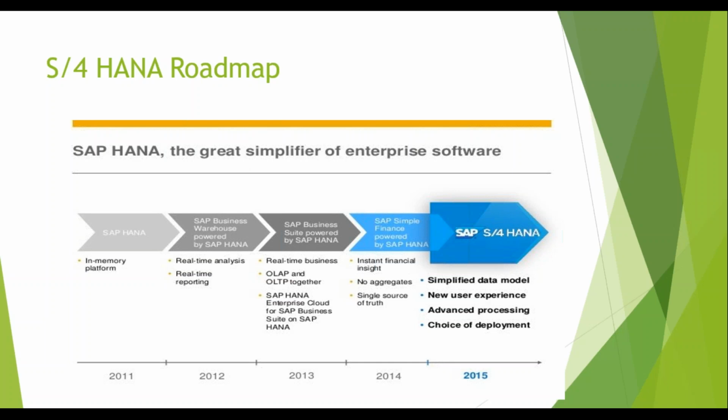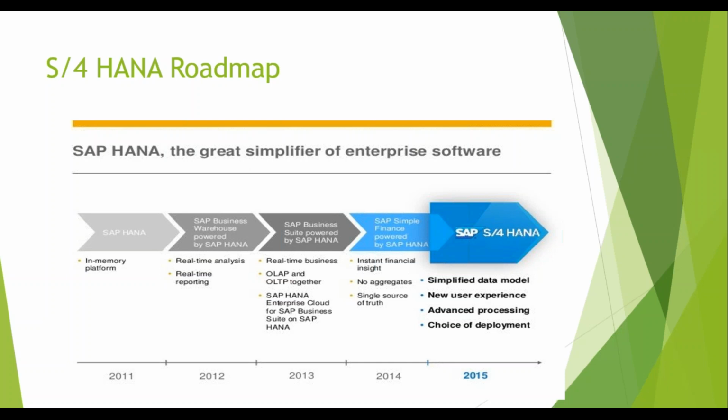Have you heard about that, sidecar? Yes. So what is sidecar? Sidecar means you have an ECC system and a BW system which are connected via the sidecar approach, which means whenever you do any transaction in ECC, immediately in real time the data will flow to the BW system via the replication server, which is only possible in case of HANA. Okay, so that is the reason it is written that you will be getting real-time analysis when you go for SAP BW on SAP HANA.